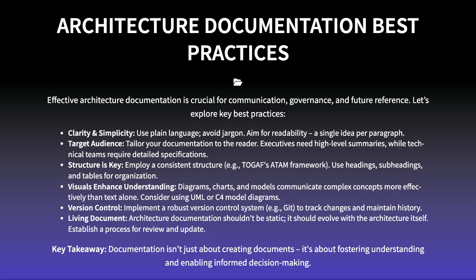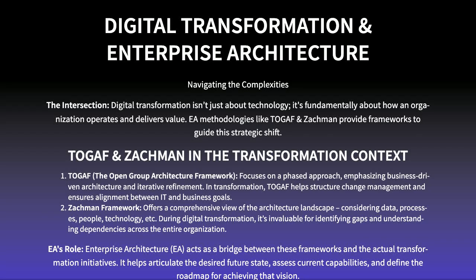Okay, let's talk about how digital transformation connects with our architecture frameworks. Think of it this way: digital transformation isn't just buying new software. It's a whole shift in how we do things. TOGAF and Zachman provide the blueprints to navigate that complexity. TOGAF gives us a structured, phased approach, like building a house step by step, making sure everything aligns with what the business needs.